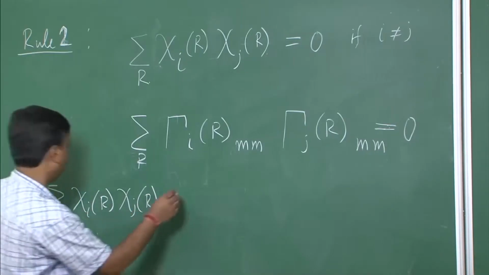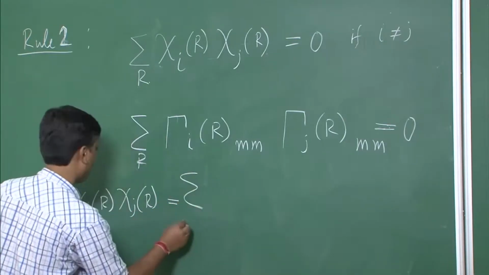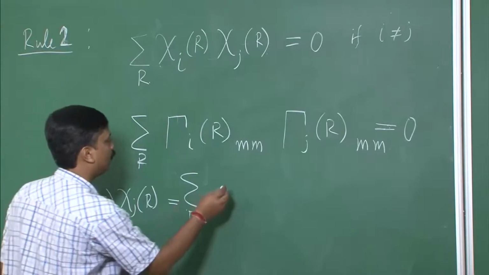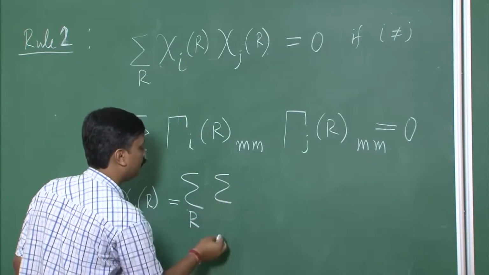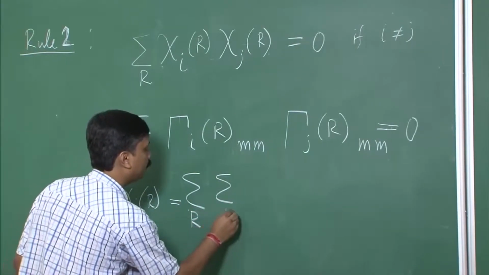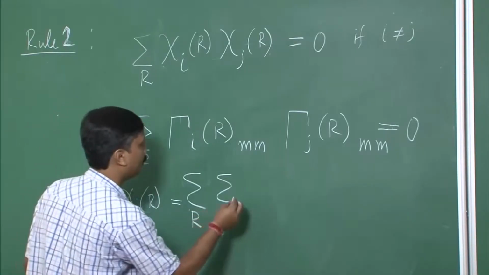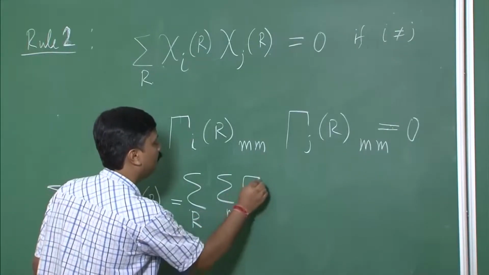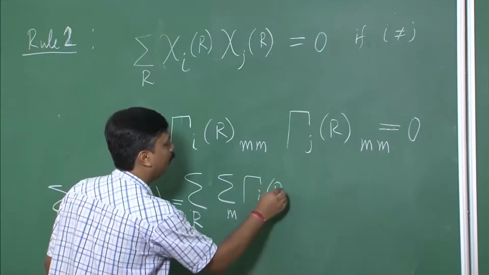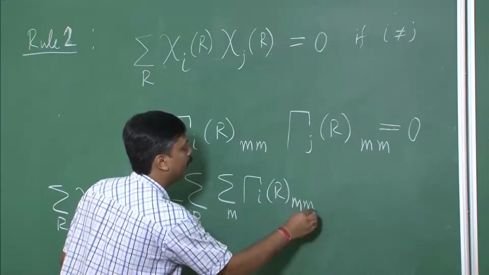So if I write that, chi over m gamma I R m m.